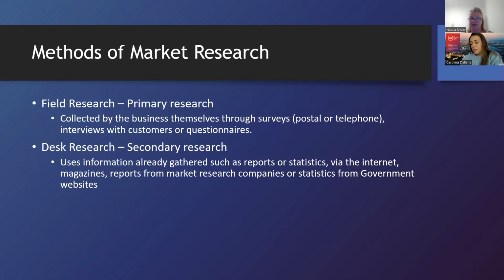It can come from the internet, from magazines, or from market research companies. There are major companies worldwide that offer these services. They are experienced at dealing with customers and doing the research, finding out what customers want. Obviously, the government also does a lot of research. They need to monitor their economy and how the economy is running.